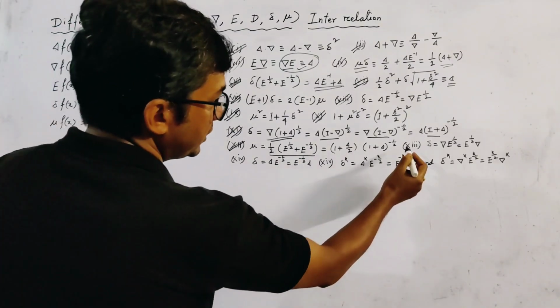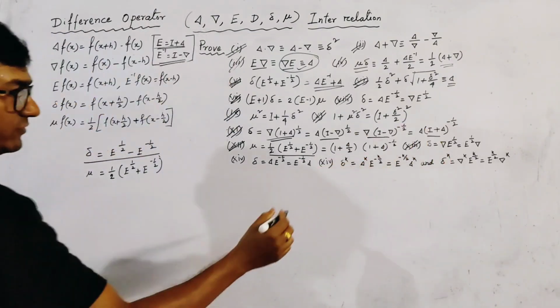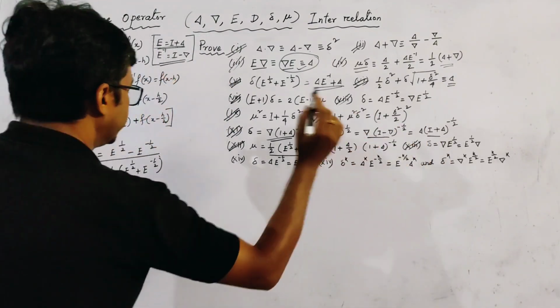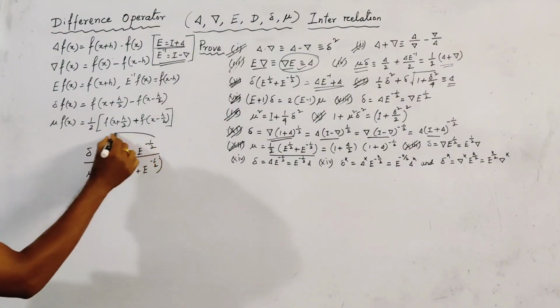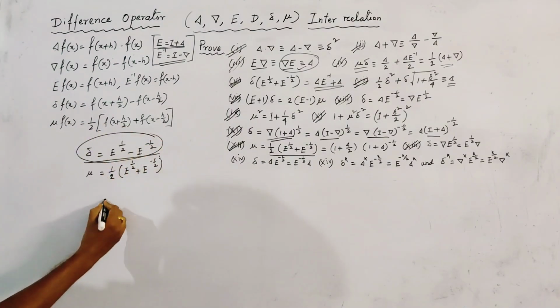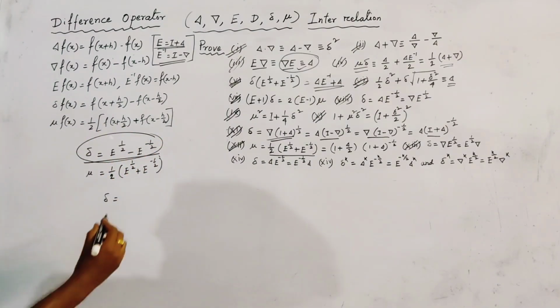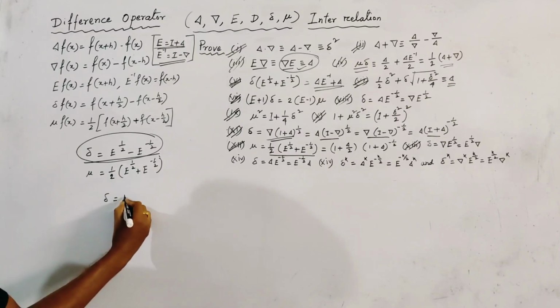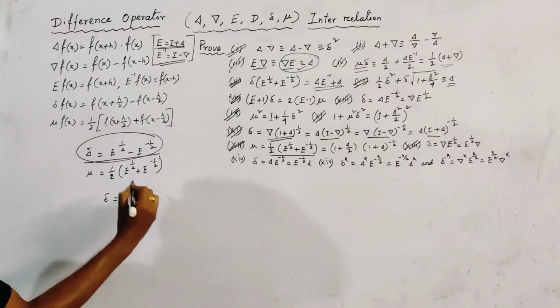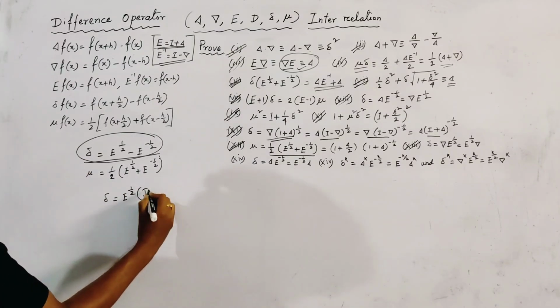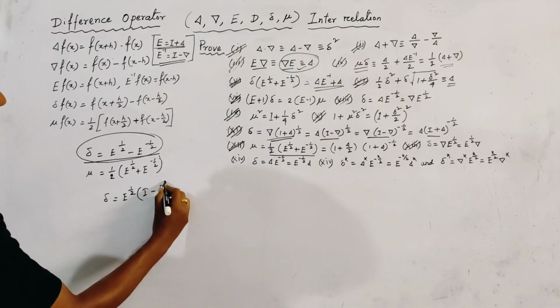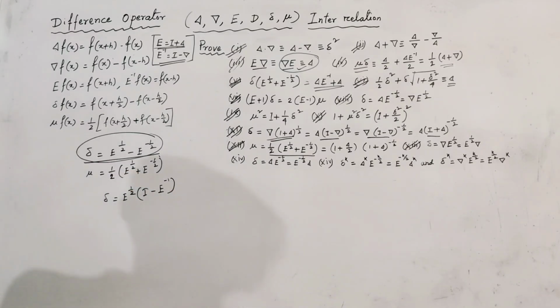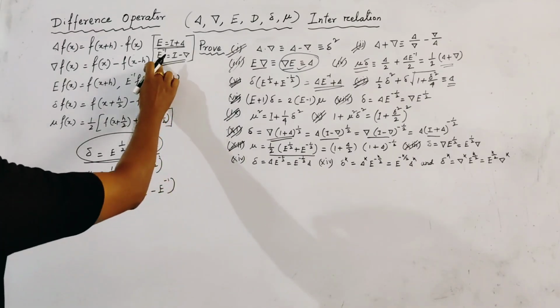For relation number 13, we first write the definition of delta, which we already wrote here. Delta is given by, taking common e to the power half, I minus e to the power minus 1. And what is the value of e to the power minus 1?